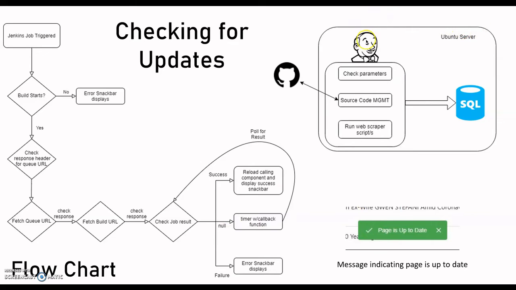While the build is going on, this is what happens inside the Jenkins job. Jenkins checks the parameters that are passed in from the UI. It could be DME, Blabbermouth, or Metal Cell, depending on the component that called it. It points to GitHub and looks for a shell script called run web scrapers.